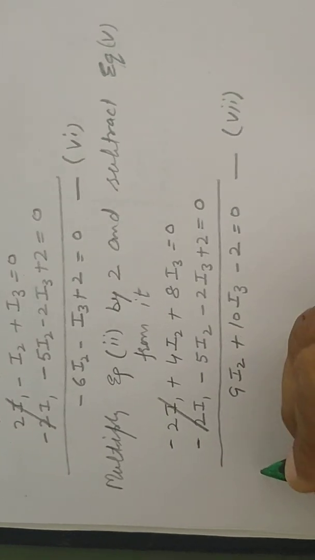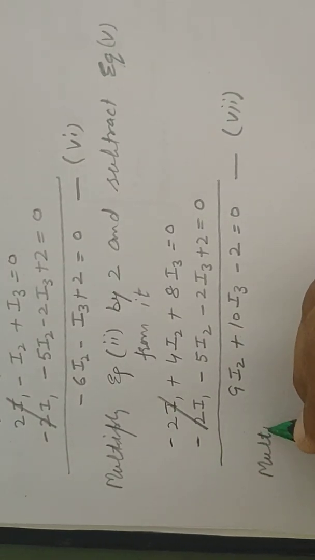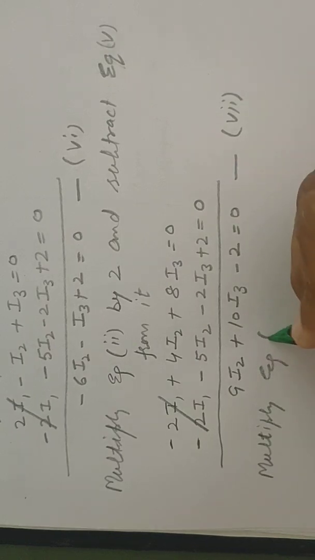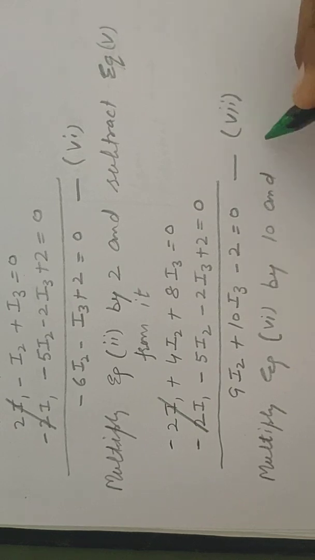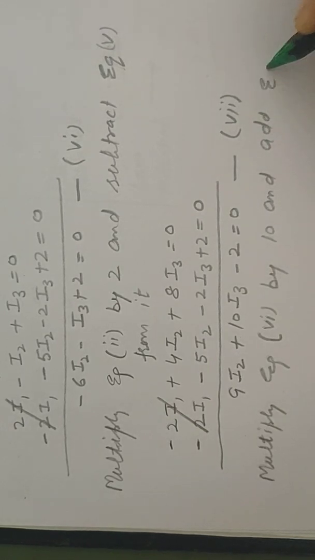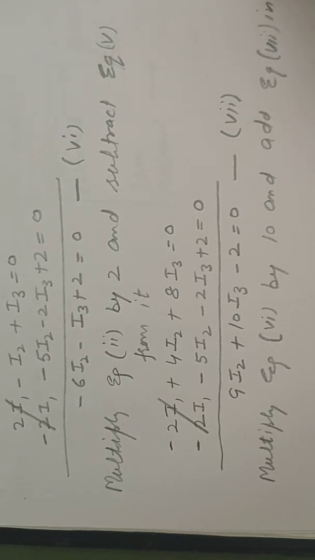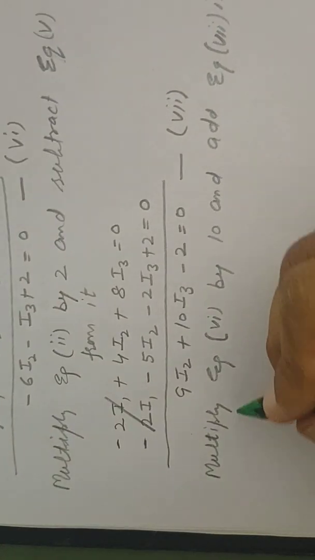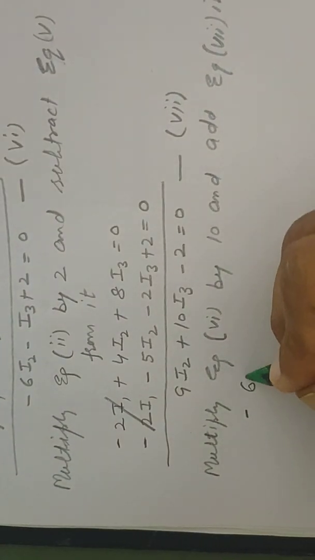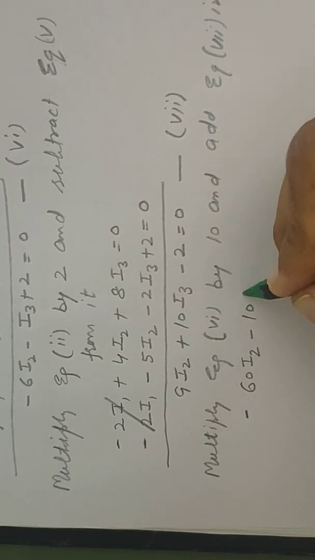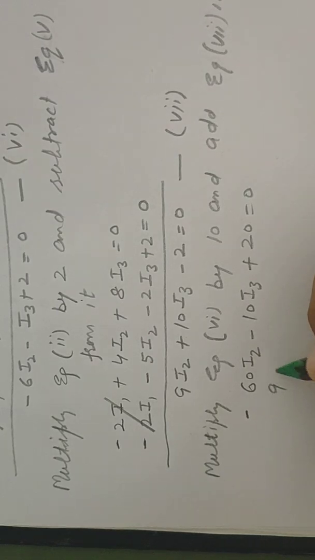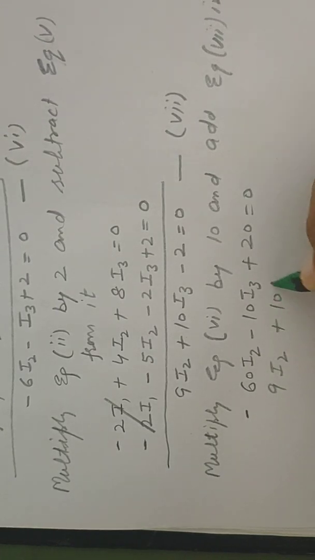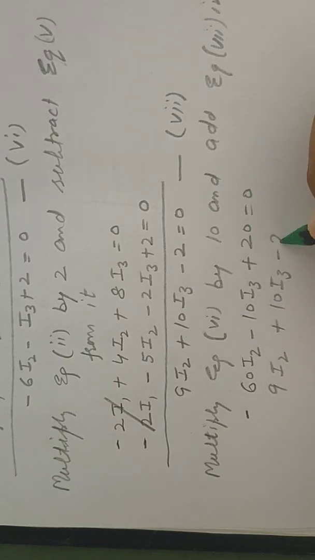Now multiply equation 6 by 10 and add equation 7th to it. We get here minus 60 I2 minus 10 I3 plus 20 equal to 0, and 9 I2 plus 10 I3 minus 2 equal to 0.